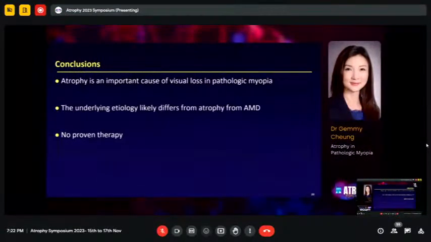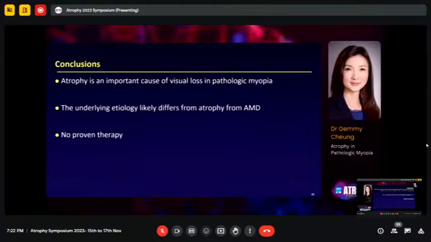So with that, I'd like to conclude that atrophy is in fact a very important cause of visual loss in pathologic myopia. Currently, it is not being discussed very much because the development tends to be insidious and over a long period of time. And in addition, to aggravate the situation is that we don't have specific therapy for this. And talking about therapy, it is important to be able to understand the underlying etiology before we can develop the appropriate therapy.